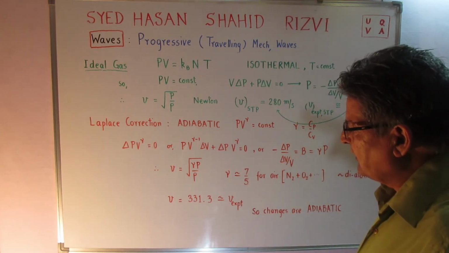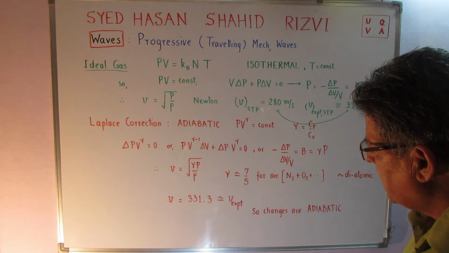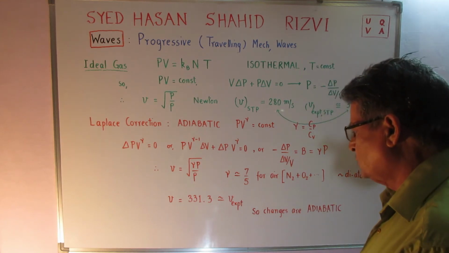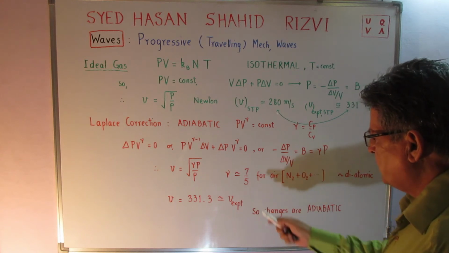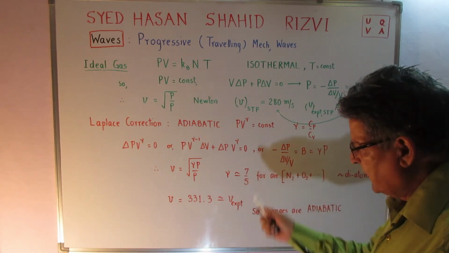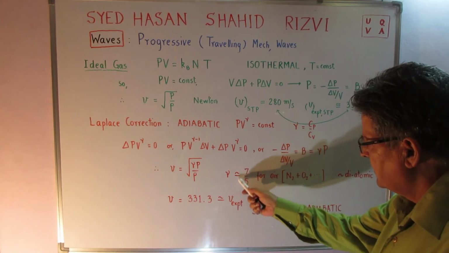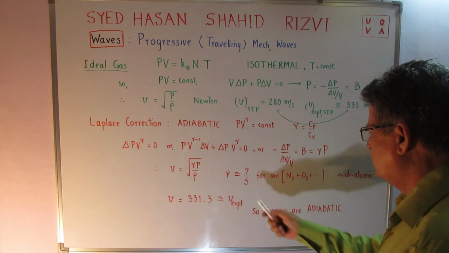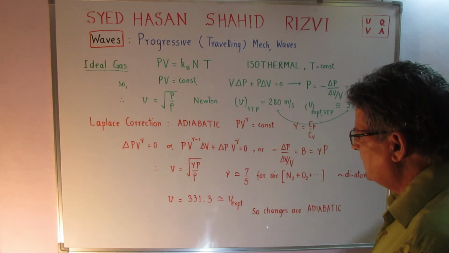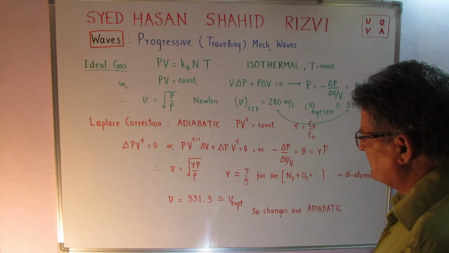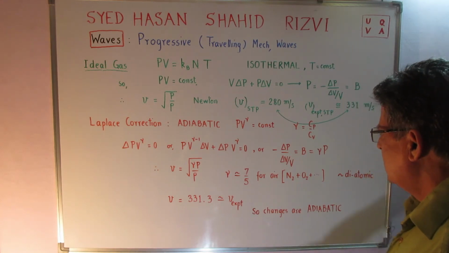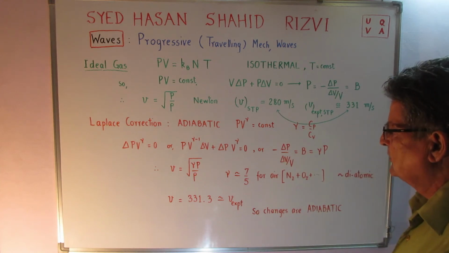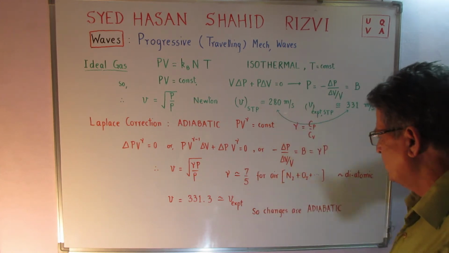So 3 degrees of translational freedom and 2 degrees of rotational freedom, that makes 5. And then there comes 5 by 2 R and 7 by 2 R for Cv and Cp respectively. So this turns out to be 7 by 5.